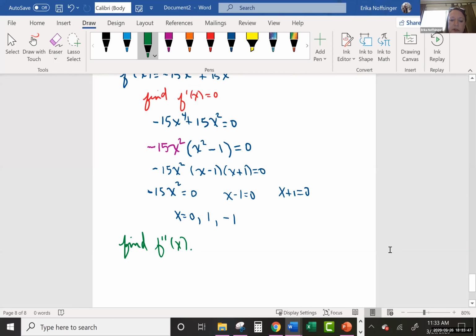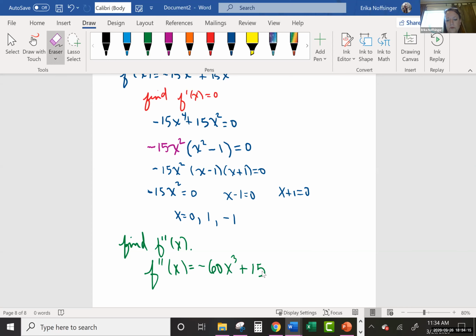So looking at the double derivative, I'm looking at the derivative of negative 15x to the fourth. So 4 times negative 15 is negative 60, x cubed, and then plus 15 times 2, which would give me 30x.